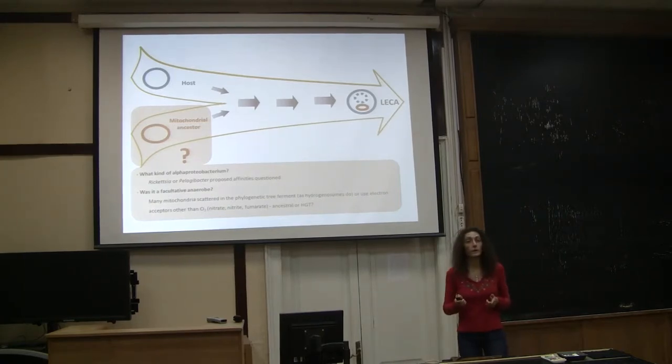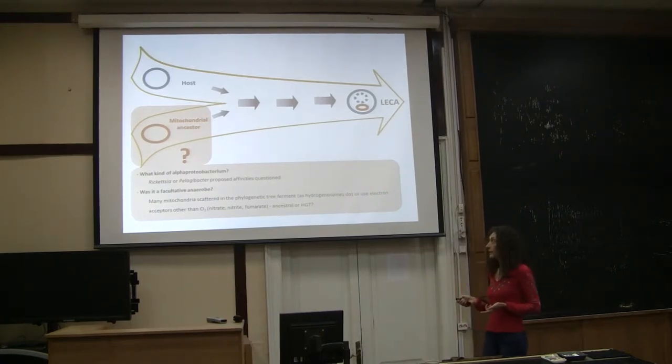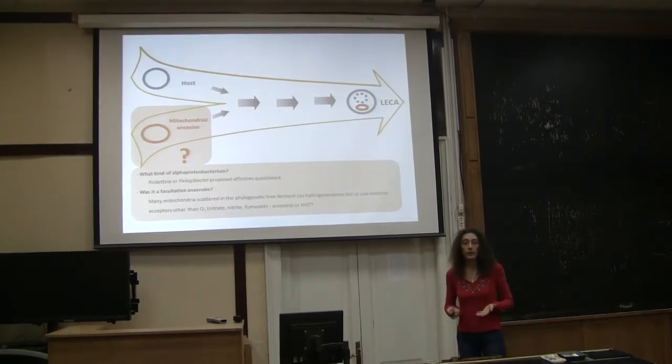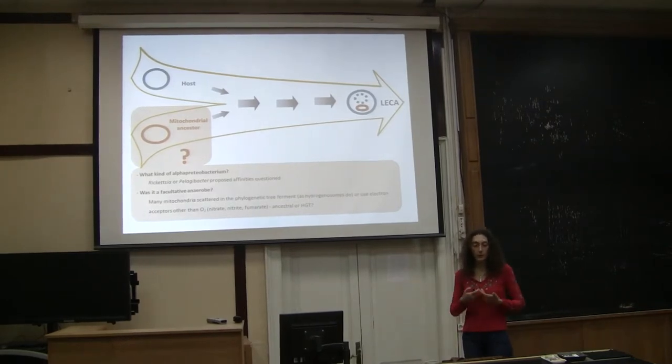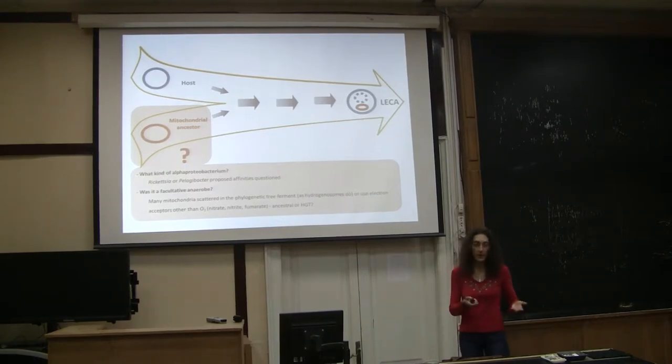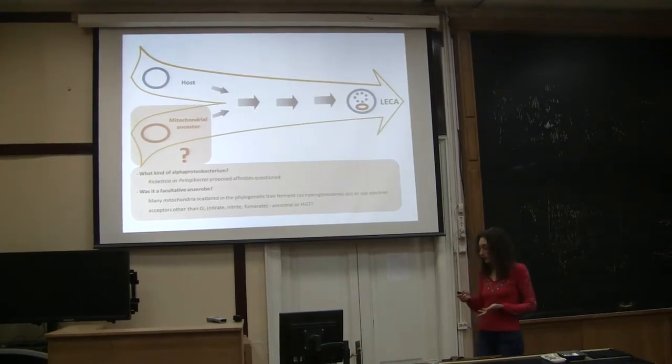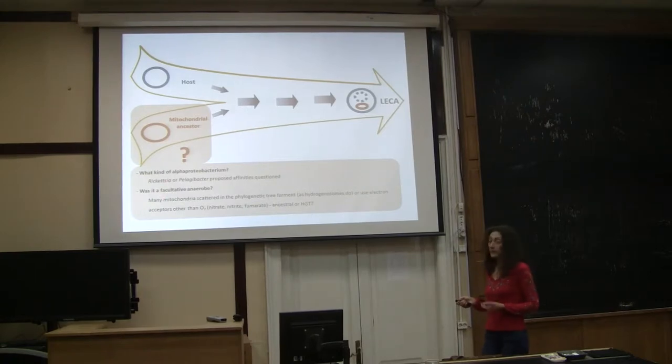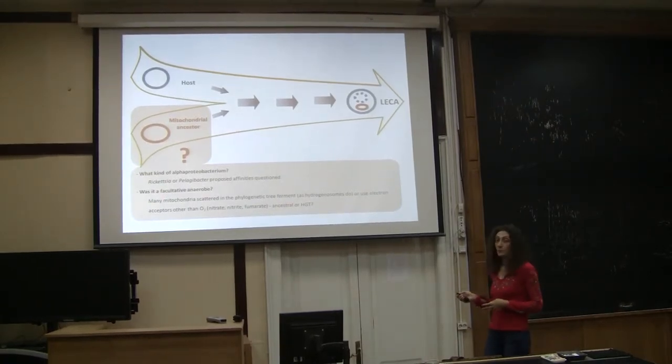And the other question that remains open in the case of mitochondria and its ancestor was whether this ancestor was a facultative anaerobe. So we know today that mitochondria perform, in most cases, oxygen respiration, so you oxidize organic molecules with oxygen, but many mitochondria that are really widespread in the eukaryotic tree can ferment, just as hydrogenosomes do.